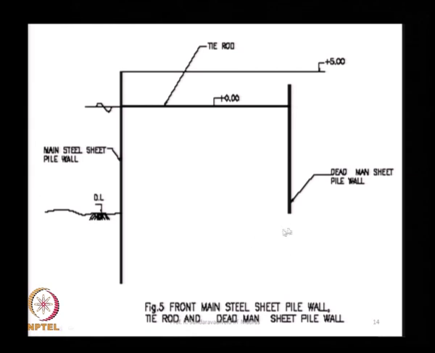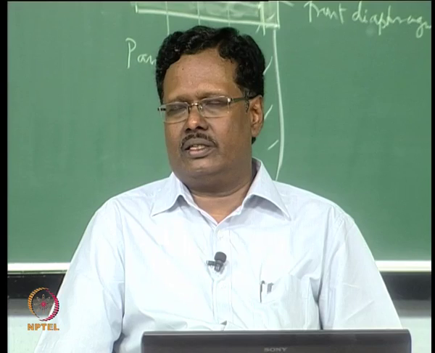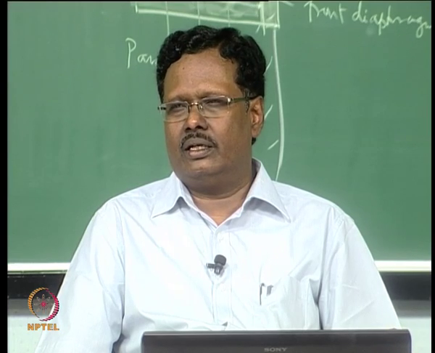In this particular place, which is at Visakhapatnam, up to this level we have only clay, below that you have rock. If you have rock, they have to bore by another equipment, then lower the sheet pile wall. Since they did not do that, both the main diaphragm wall as well as the dead man sheet pile wall are not anchored into the rock, they are stopping only at the clay.